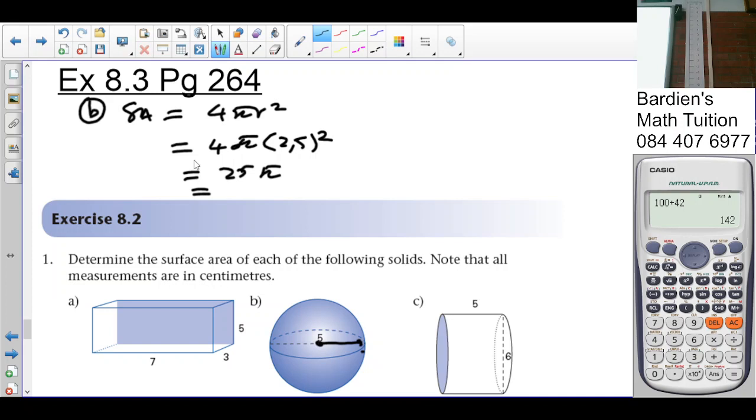And 25 pi is 78.54. Is that correct? Centimeters squared. Yes, Michael. Okay, you all agree with that? Alright.